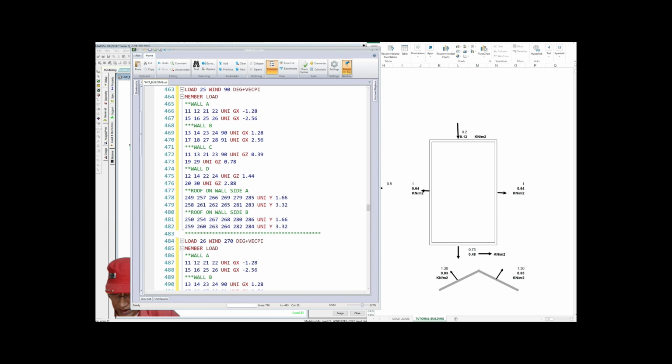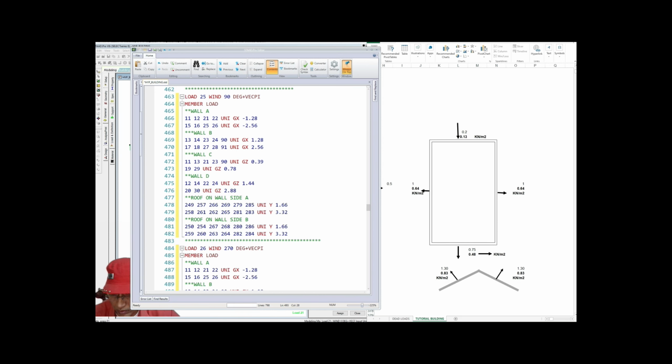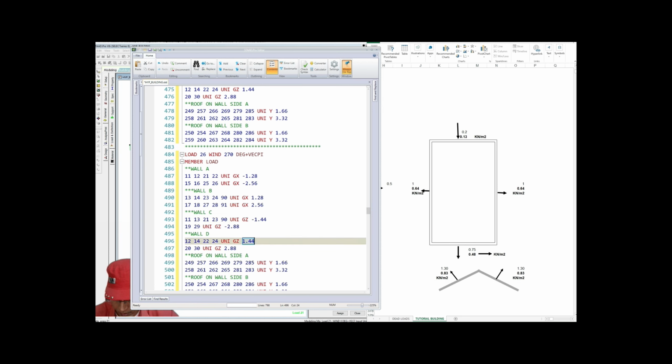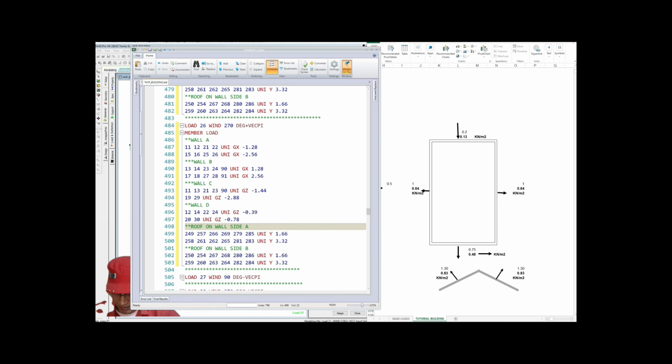Then this becomes 0.39 and 0.78 in negative direction, minus 0.39, minus 0.78. The roof purlin loading remains the same.